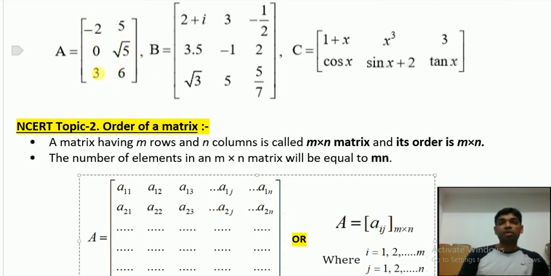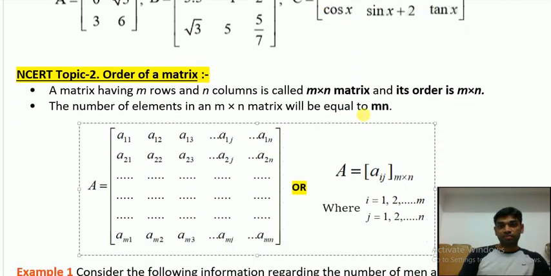If you want to find the order of this matrix, we can say it has 3 rows and 2 columns, so we write 3 cross 2. This one has 3 rows and 3 columns, so it is a 3 cross 3 matrix. And this one has 2 rows and 3 columns, so we write it as a 2 cross 3 matrix.